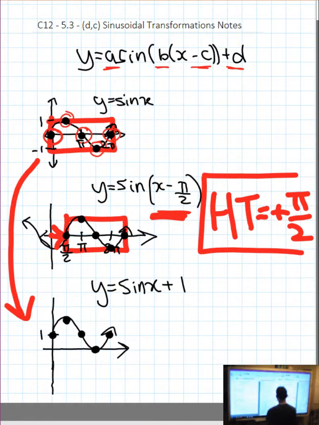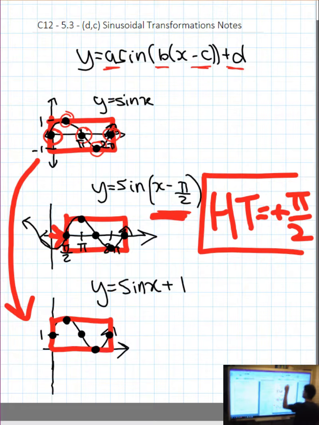And notice, sine's original box has now just been shifted up 1. So getting familiar with the way this perfect 4 quadrantal sections of this rectangle are, 1, 2, 3, 4, and the 2 rectangles on top of each other. And we're just going to be moving it around. So before, we saw that we were going to extend or compress the rectangle in different ways. Now we're going to be moving it around and doing the same thing.